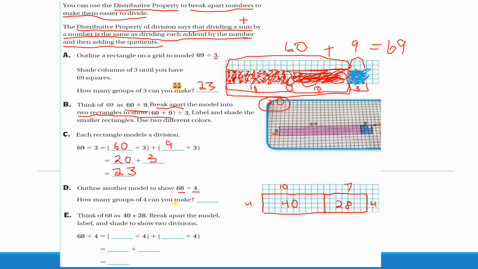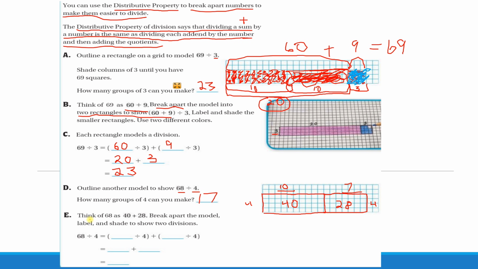So how many groups of 4 can you make? Well, we made 10 for this rectangle, and we made 7 groups of 4 for that rectangle. So 17 groups of 4, and we can count them. 1, 2, 3, 4, 5, 6, 7, 8, 9, 10, 11, 12, 13, 14, 15, 16, 17.